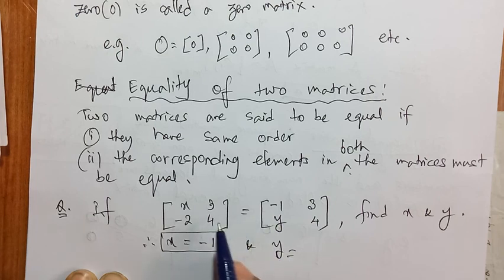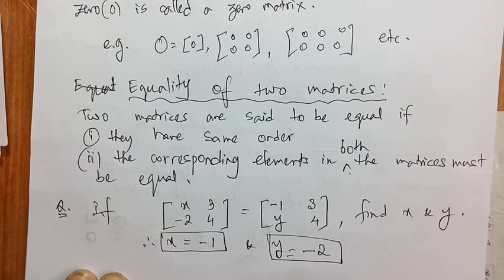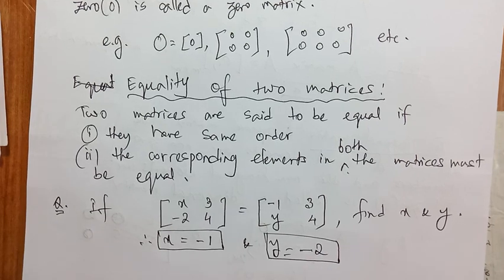So in the first matrix also find the element lying on the second row and first column, that is your -2. So y will be equal to -2. Using that property, we can find the unknown quantities in both the matrices when the two matrices are said to be equal or given equal.